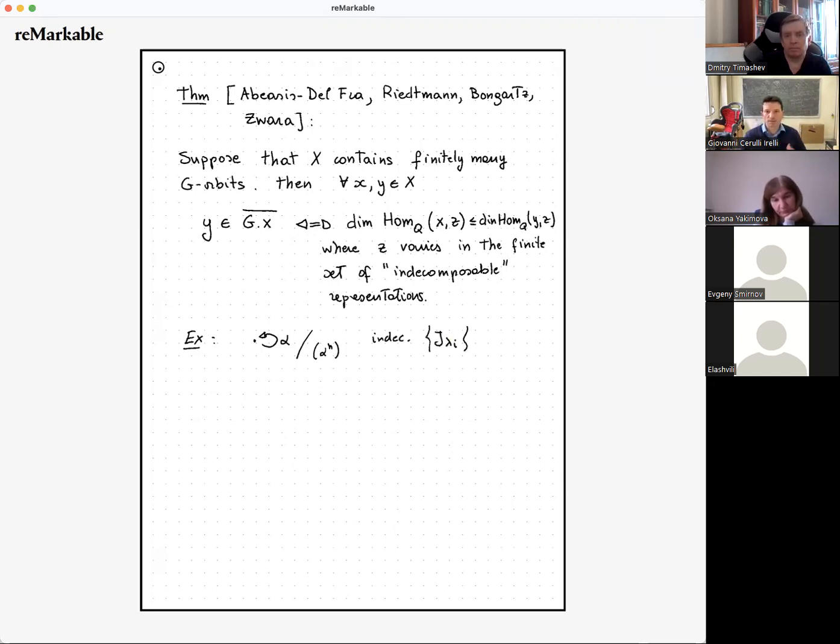The nilpotent Jordan blocks. Every nilpotent Jordan block is indecomposable. In the case of this quiver here, the indecomposables are the obvious ones. So it's something like C to 0 and then 0 to C. So these are the points of the variety where the matrices cannot be written in block diagonal form for every arrow.